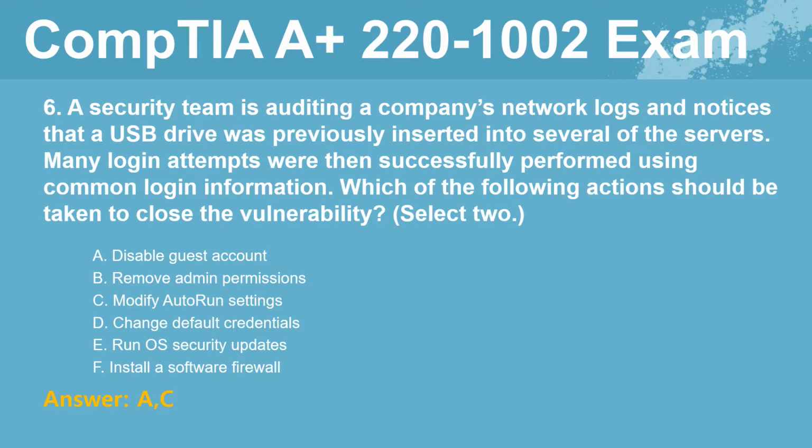6. A security team is auditing a company's network logs and notices that a USB drive was previously inserted into several of the servers. Many login attempts were then successfully performed using common login information. Which of the following actions should be taken to close the vulnerability? Select 2. A. Disable guest account. B. Remove admin permissions.